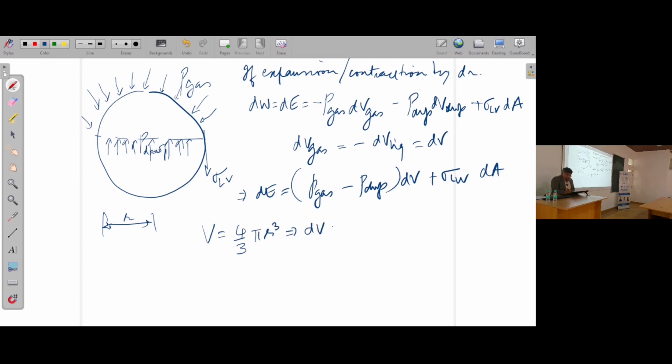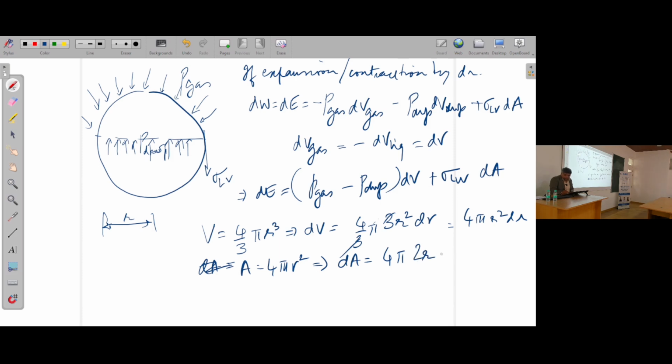This means dV is going to be 4 by 3 pi 3 r square dr. Sorry, the 3 and 3 will get cancelled, so simply you'll get 4 pi r square dr. Similarly, the area of a sphere is 4 pi r square, so dA is going to be 4 pi 2r dr, that is 8 pi r dr. We're going to just substitute that.